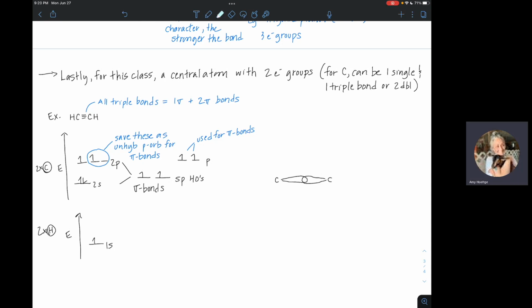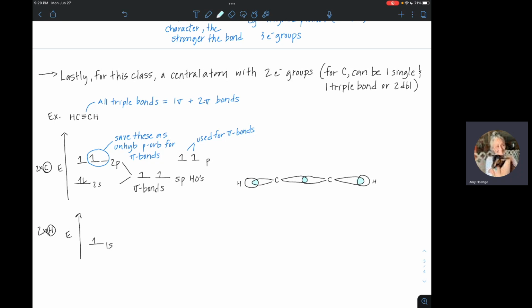So I'm going to make a sigma bond there. Each one of those carbons has a remaining sp hybrid orbital. I'm going to draw it along the internuclear axis, overlapping with the s orbital on the hydrogen. Nothing to hybridize there, right? Just 1 electron, 1 orbital.